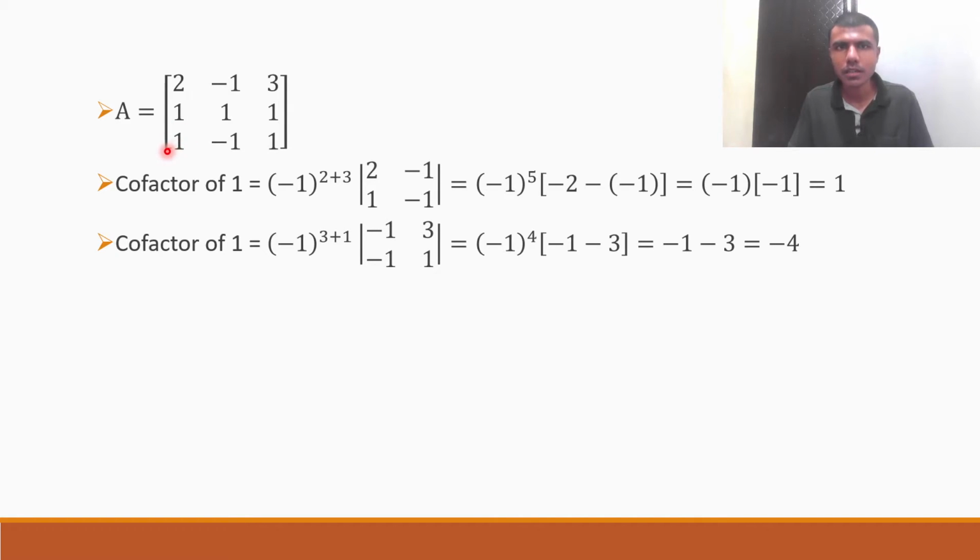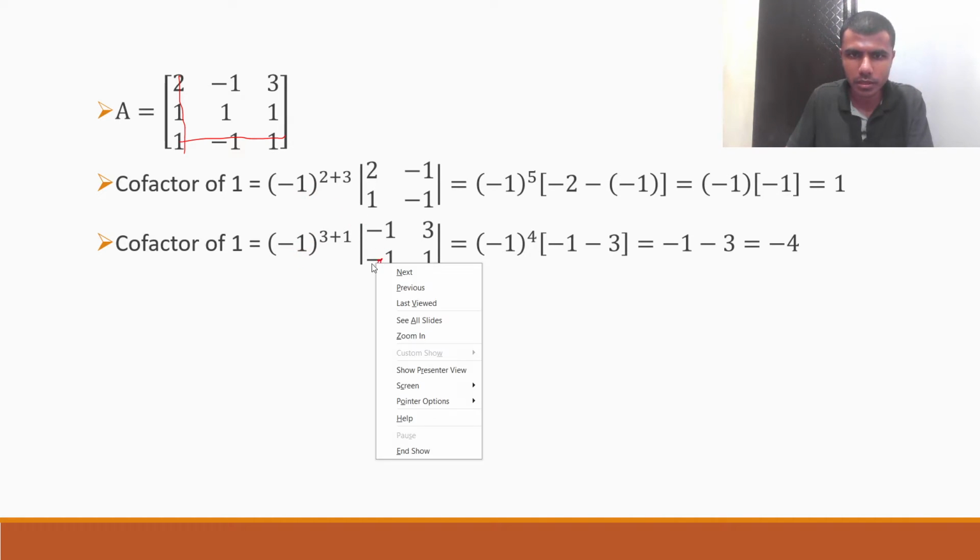Now cofactor of this one's position is third row first column, so 3 1, so minus 1 power 3 plus 1 into det of. Strike off the row and column in which this one is there, so minus 1 3 1 1, det of minus 1 3 1 1. Wait, I think I made a mistake. I'm sorry.